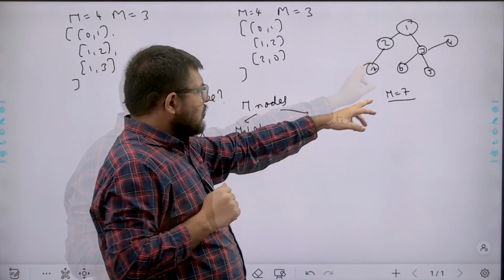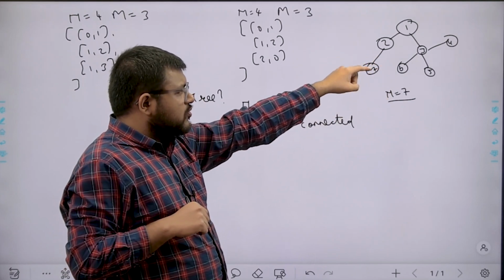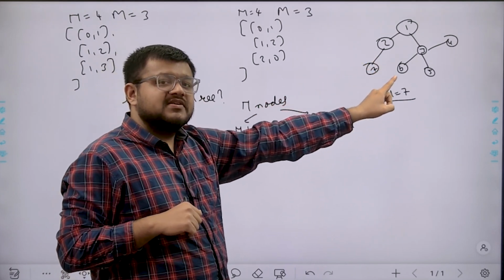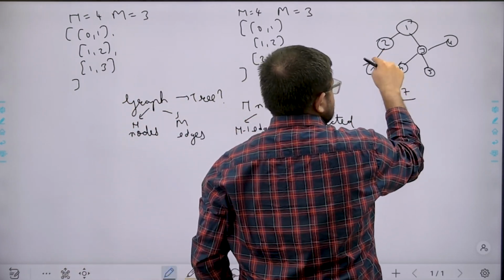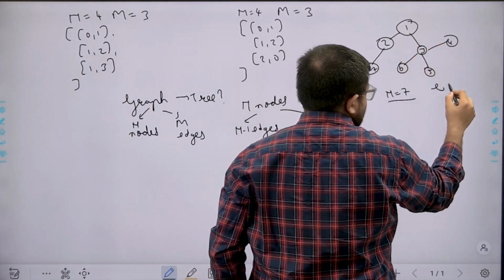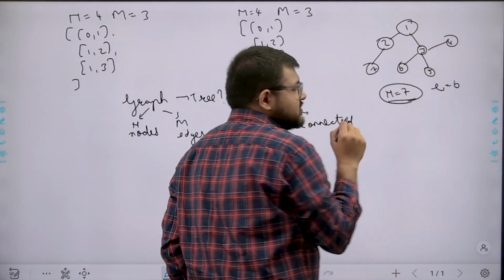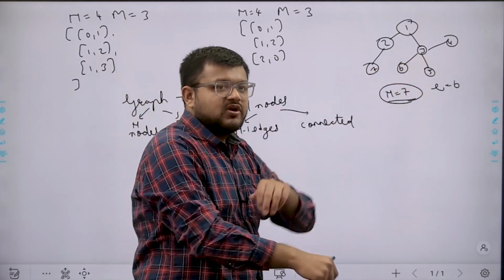Now there are no self loops or multiple edges. So if you want to cross verify, there will be n minus 1 edges only. That's why this is a tree. For example, here there are how many edges? 1, 2, 3, 4, 5 and 6. So the number of edges is 6, which is nothing but n minus 1. So here the number of edges is n minus 1. It is connected, so it is a tree.